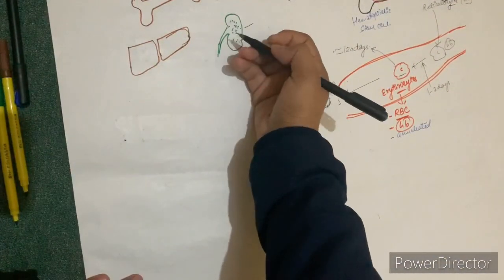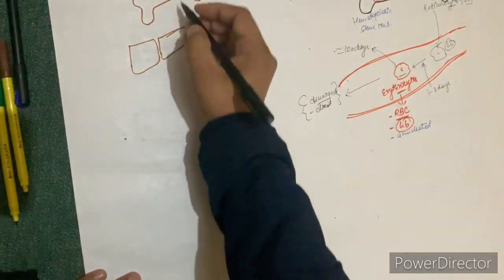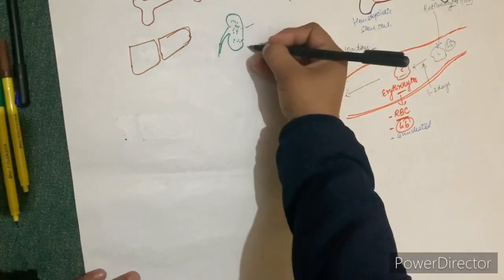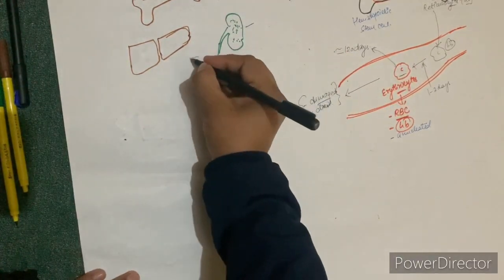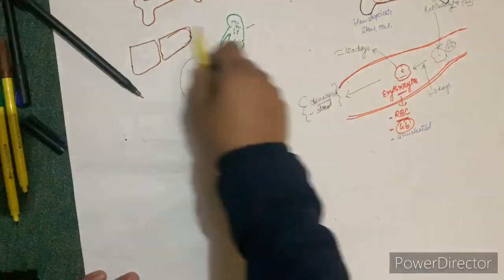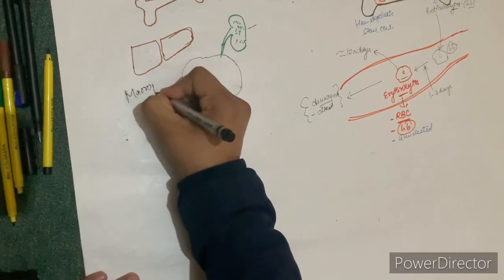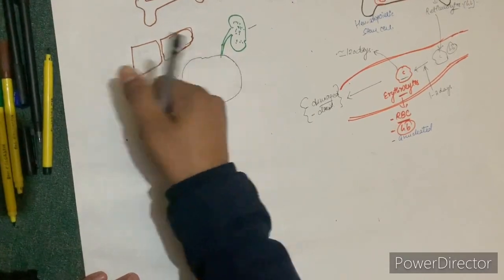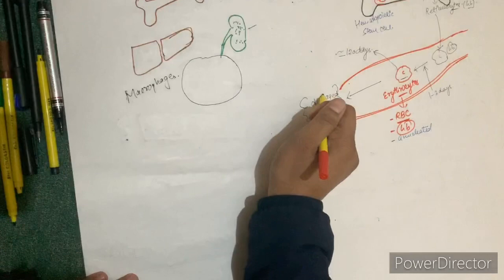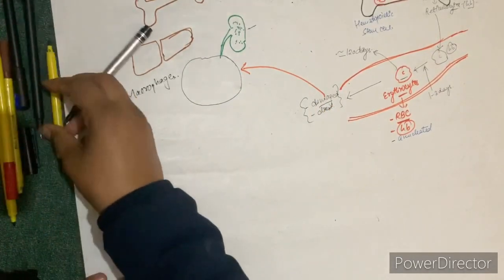There are many phagocytic cells present in the liver, in the bone, and in the spleen, known as macrophages. These are macrophages, which engulf these damaged and dead RBCs.